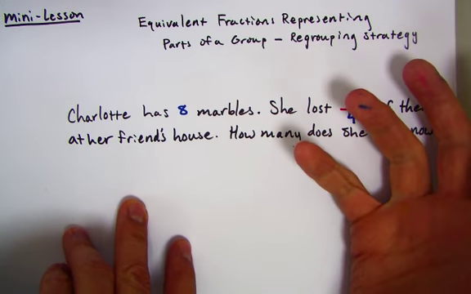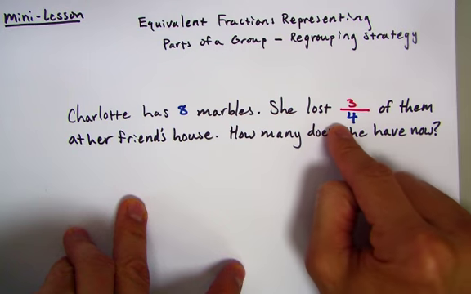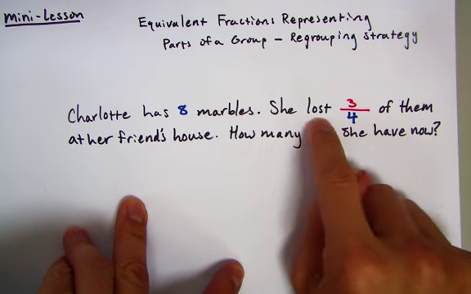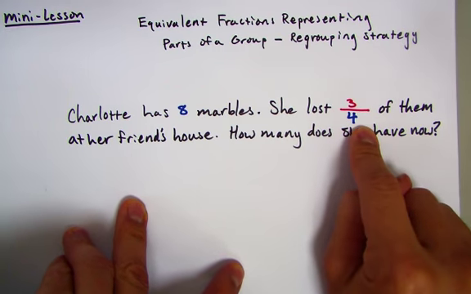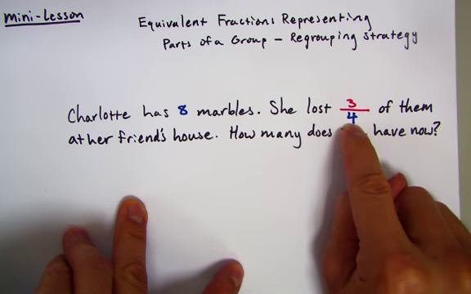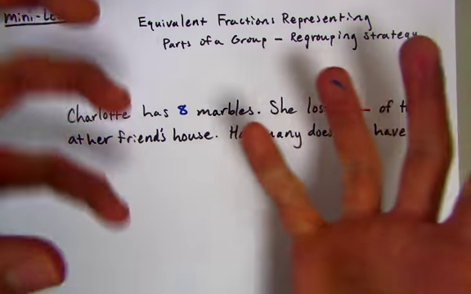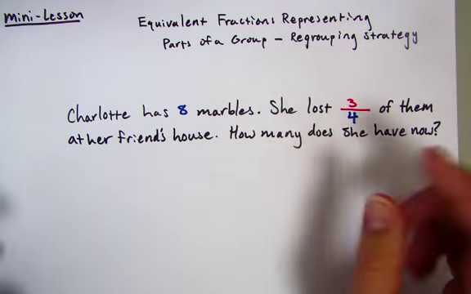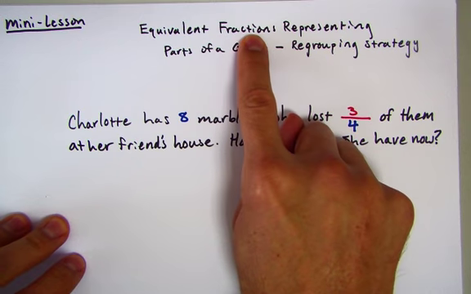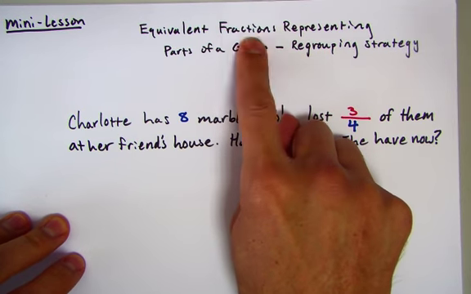That's considered the denominator. But wait, this part says that she lost 3/4 of them. The denominator is 4 here. 4 equal parts? 8 equal parts? How is that possible? Equivalent fractions. That's how it's possible.